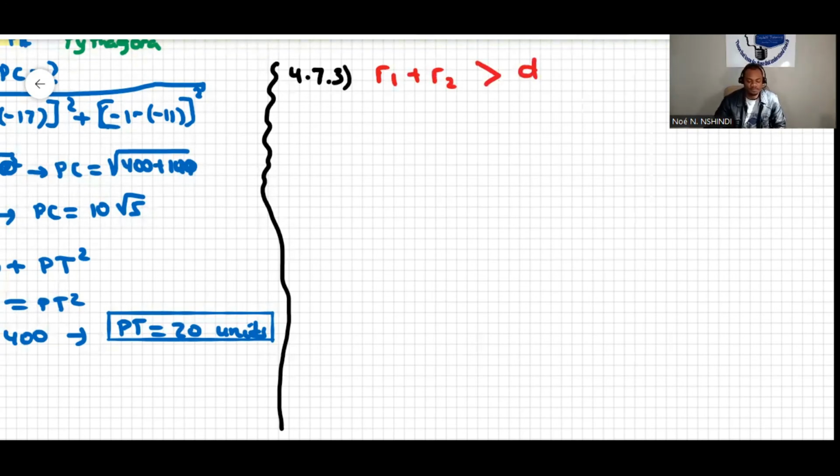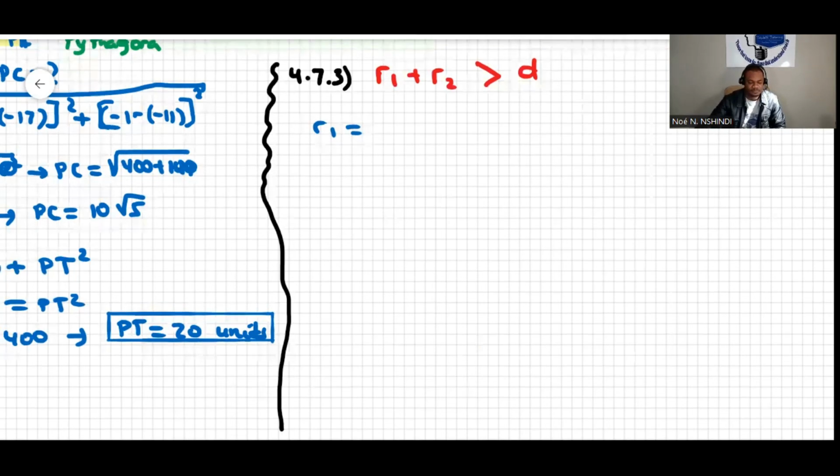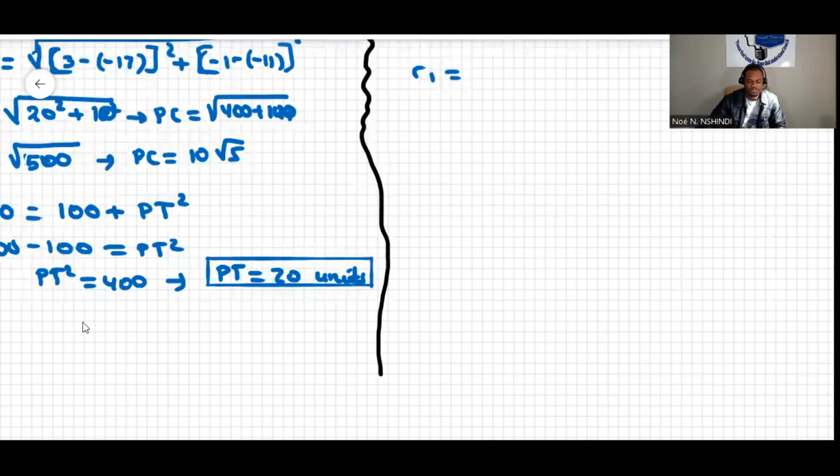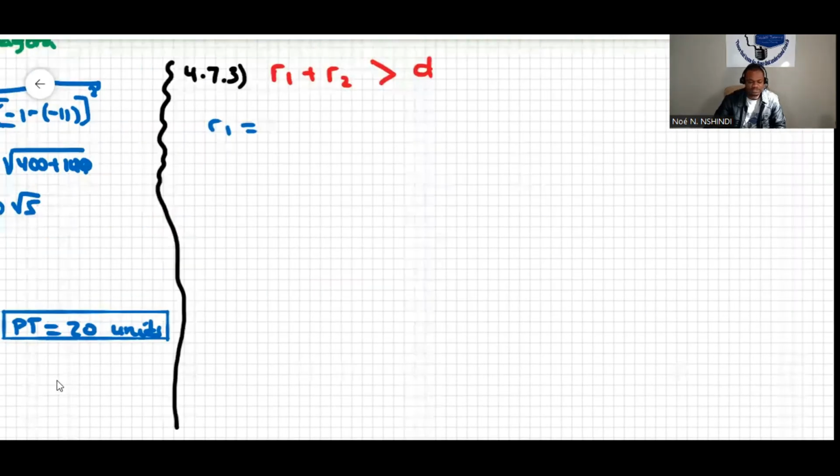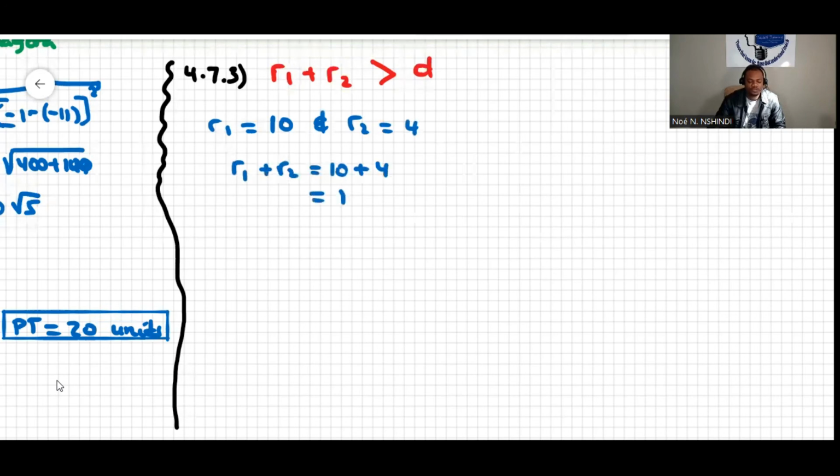Now the radius of the first circle, R1, what was that again? You can check here. It was 10 units, sorry. The radius of the first circle is 10 units, and the radius of the second circle is 4 units. Now R1 plus R2 equals 10 plus 4, which is equal to 14 units.